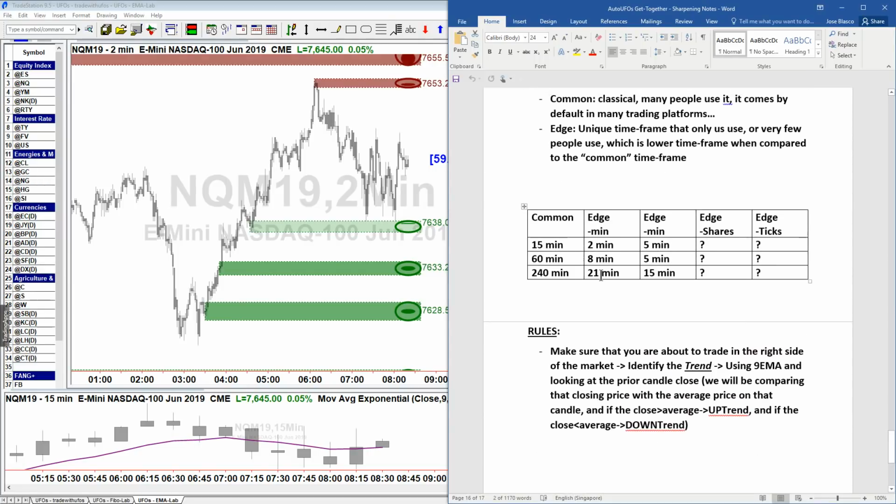We are still halfway into it, and we're going to be using 2, 8, and 21. So 3 times 2 is 6. Then we look at 3 times 8 and 3 times 21, and that's the cycle we're going to be using to look for our intraday trades, depending on the type of trader you want to be.